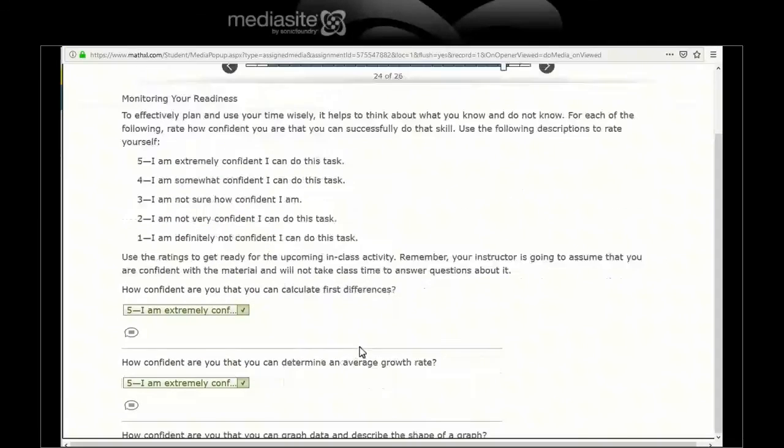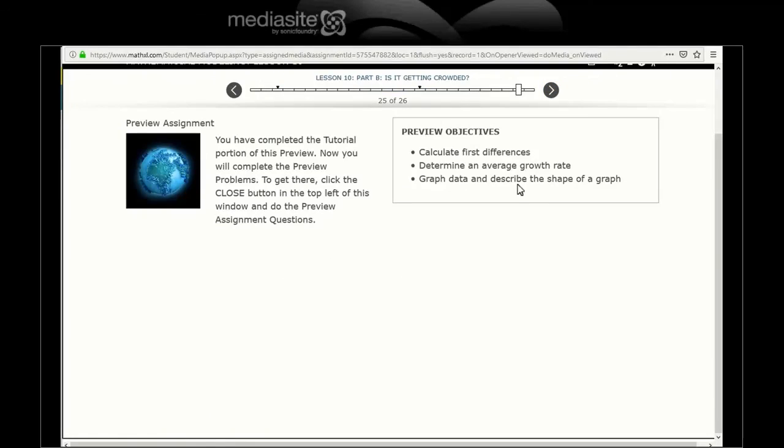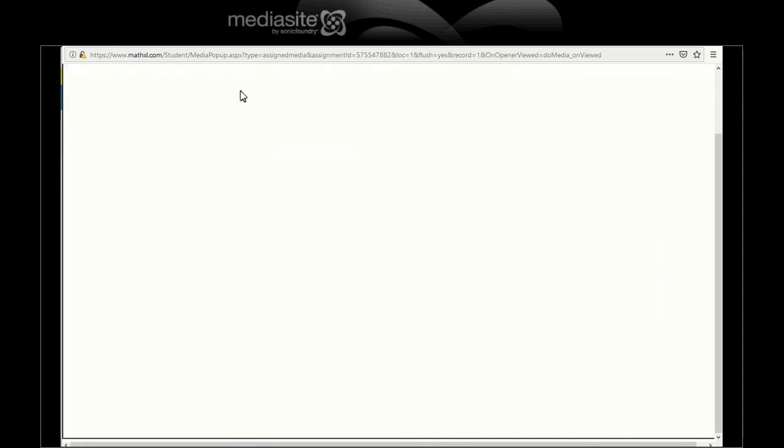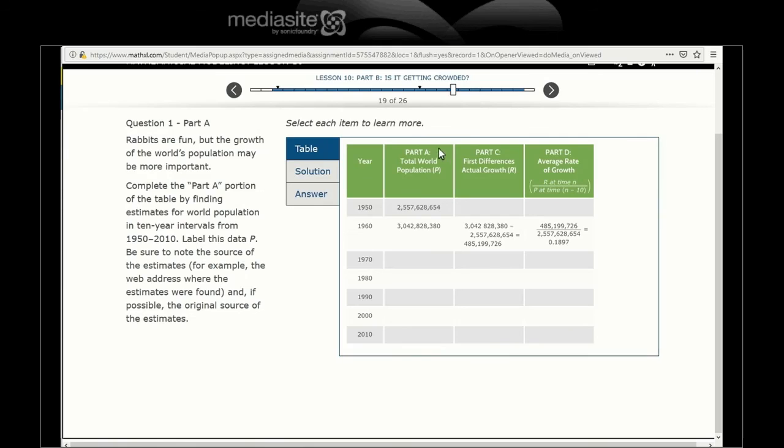Okay, enough of that. So let's see, we calculated first differences, and that was this one here.